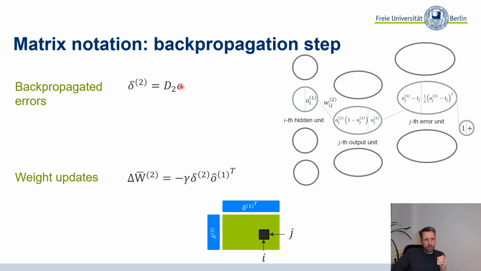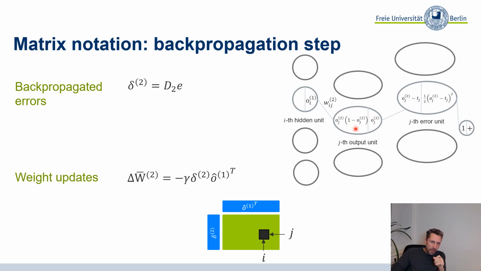So all the errors from those error units times this diagonal matrix, which just multiplies these values with their corresponding output unit derivatives, because there is no crosstalk. It's just the jth output unit connects to the jth error unit, so that's a one-to-one connection.